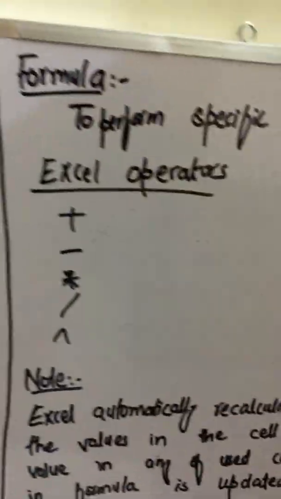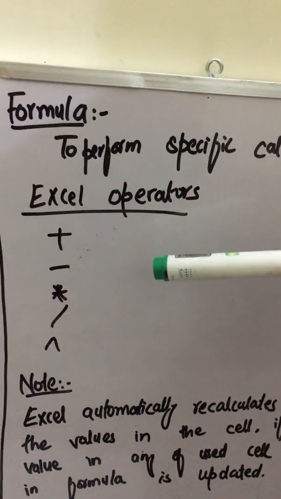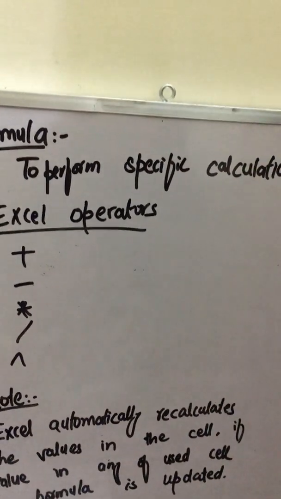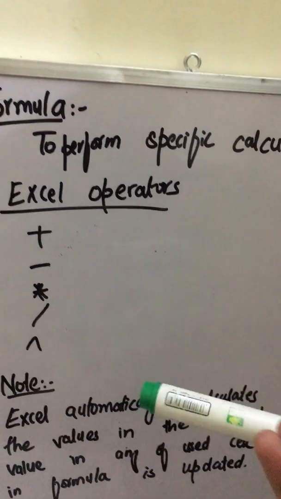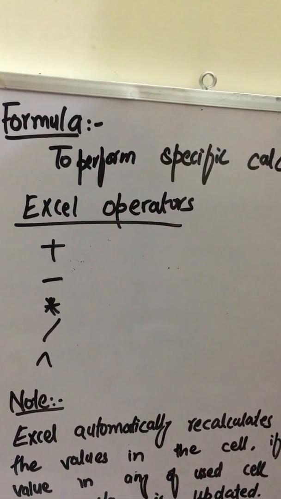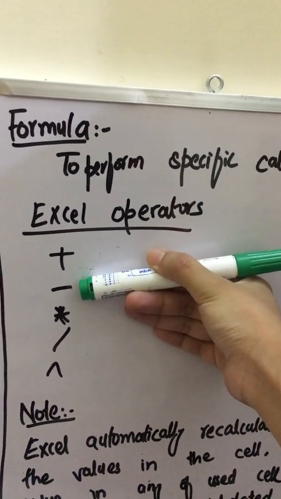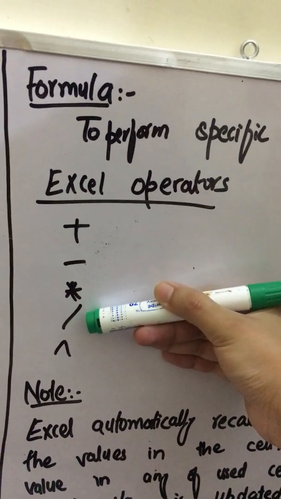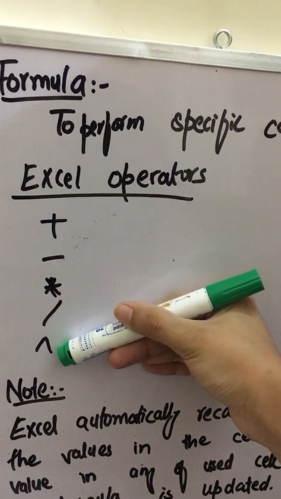Let's discuss formula. How you can add the formula in your Excel sheet is, you can use the operators, the constants, and the cell addresses. The standard operators used in the formula are the plus sign, which is used for addition, the minus sign for subtraction, the asterisk for multiplication, slash for the division purpose, and the caret for exponent.